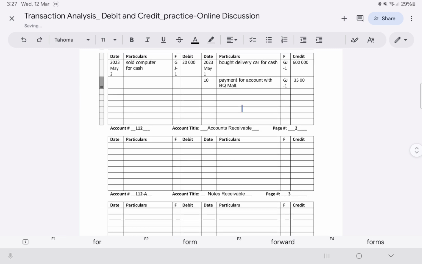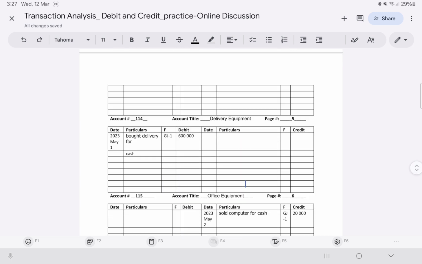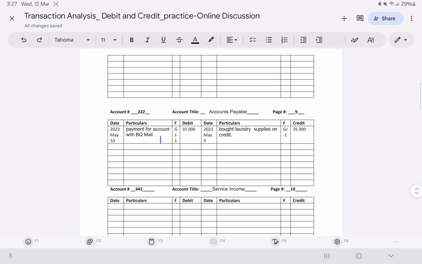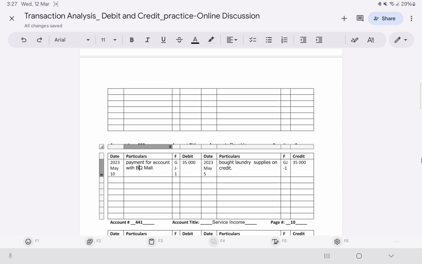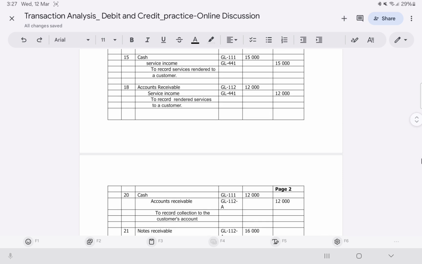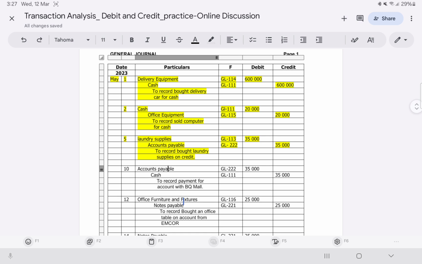So if we check, our credit is cash and our debit is accounts payable of 35,000 pesos. So it's correct. So let's proceed to the transaction or the general journal.